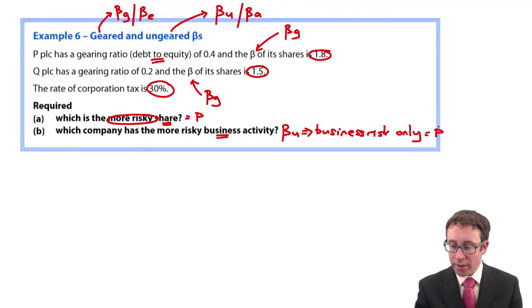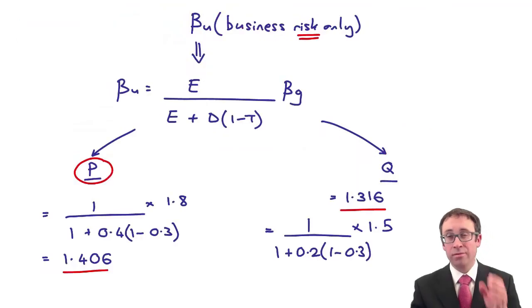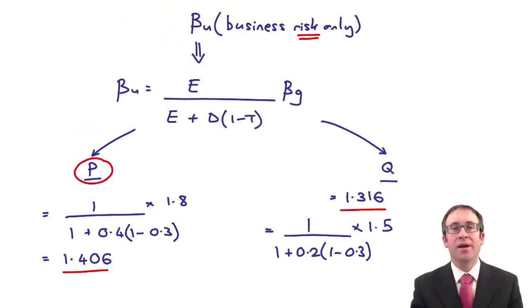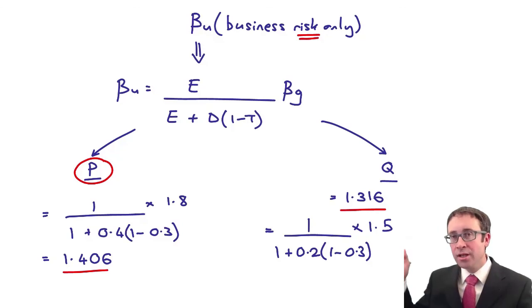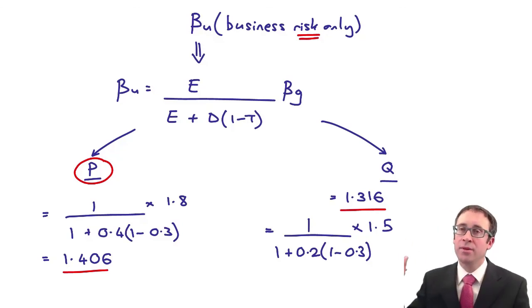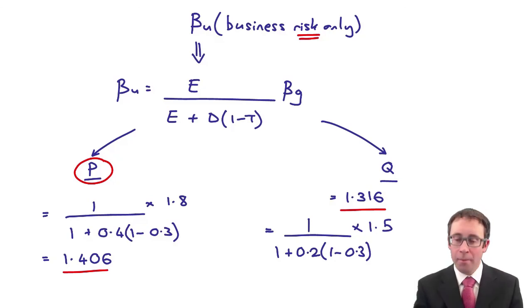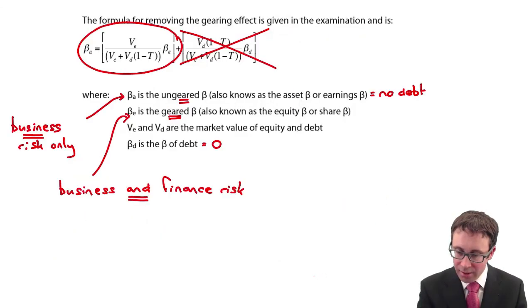Could be questions like that within the exam, so practice them within the revision kit of your chosen tuition provider, and if you get stuck, then by all means ask away. Just be careful, this is challenging and we haven't yet finished the chapter. There's an extra bit that we'll look at in the next video that brings it all together.